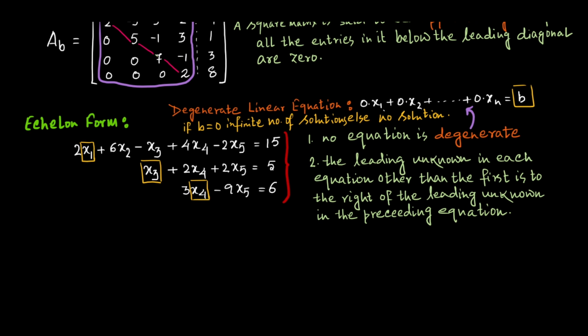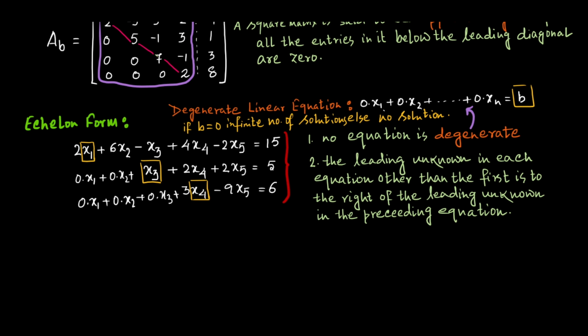Now, if we rearrange or rewrite the equations as, say, 0 into x1 plus 0 into x2 plus this, the third equation has 0 into x1 plus 0 into x2 plus 0 into x3 plus this, you can see that as you proceed row to row downwards, the leading unknowns are shifted to the right side.